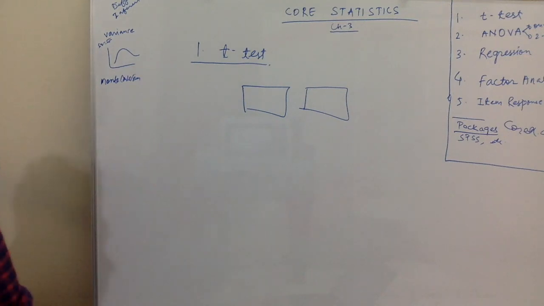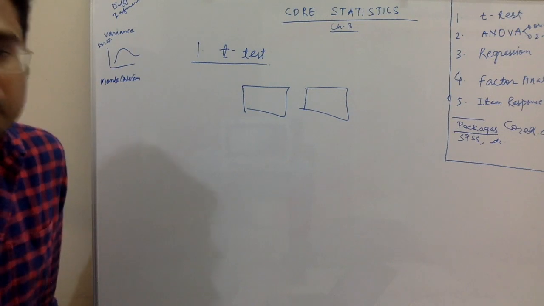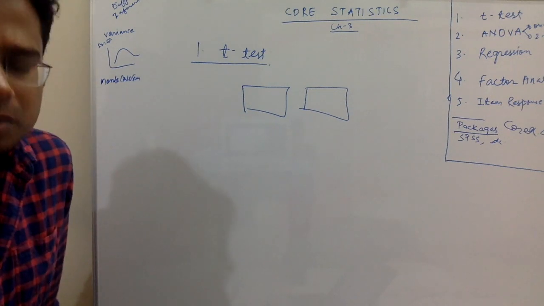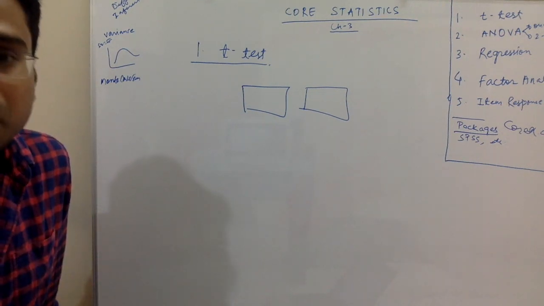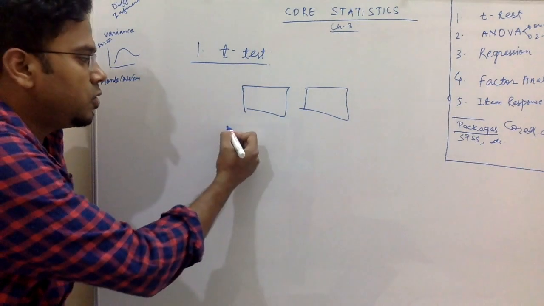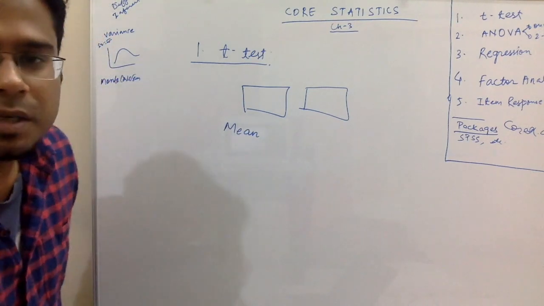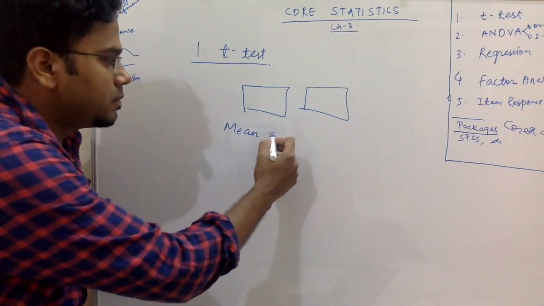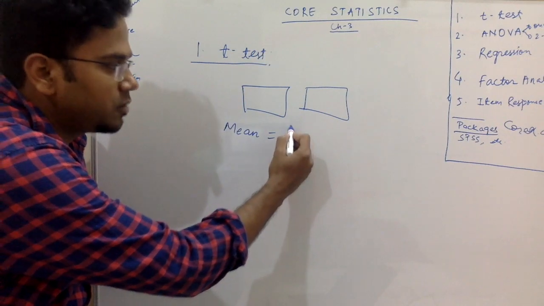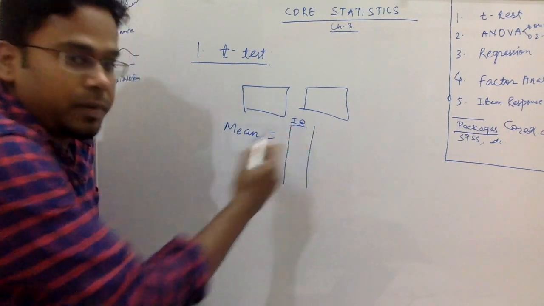Before explaining these things, for the benefit of people who are new to statistics or are from a non-maths background, I would like to explain a few things. You know what a mean is? Mean is simply the sum of, so let's say you have the IQs of all people in your experiment.